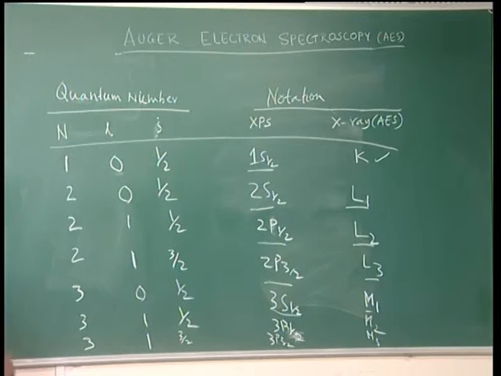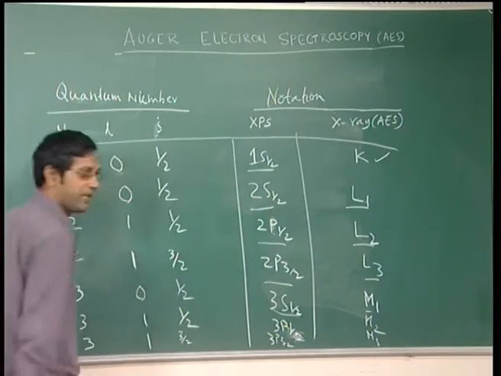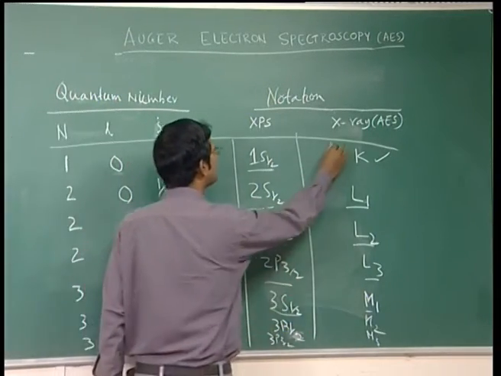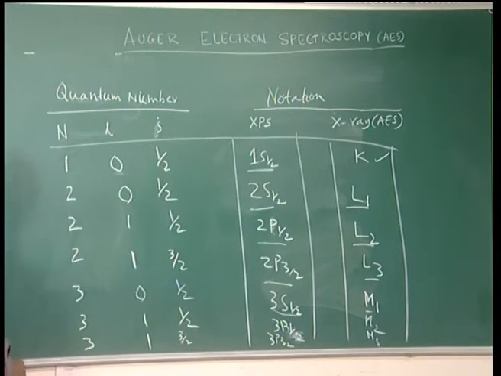So basically in XPS we use these notations to demarcate different peaks. On the other hand, in AES we use this notation. This is funny because these two are the same spectroscopic techniques actually, but we use different notations for the peaks, transitions.